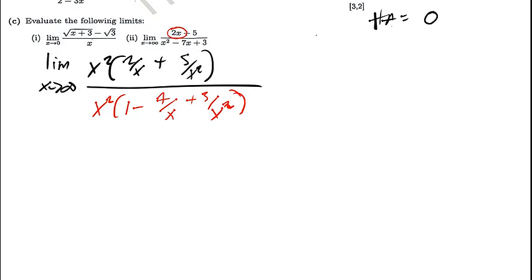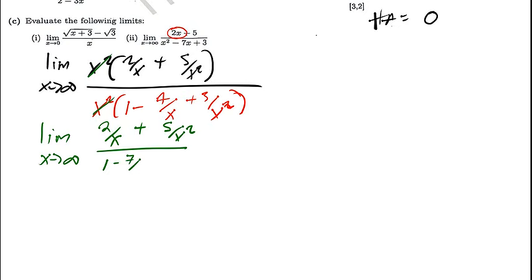So the x squared and x squared can go. I'll have limit as x goes to infinity of 2 over x plus 5 over x squared, divided by 1 minus 7 over x plus 3 over x squared.